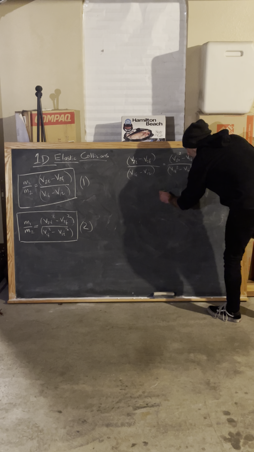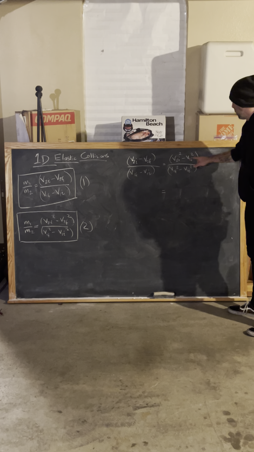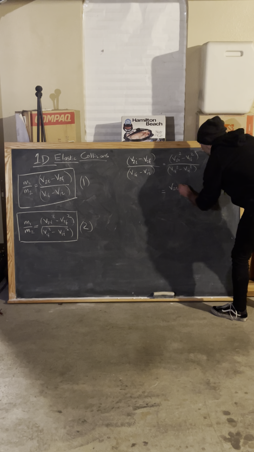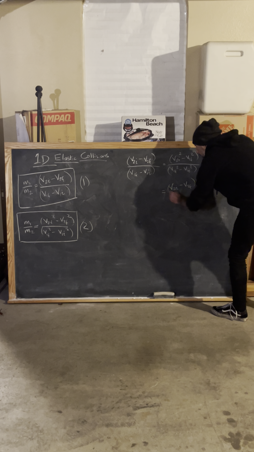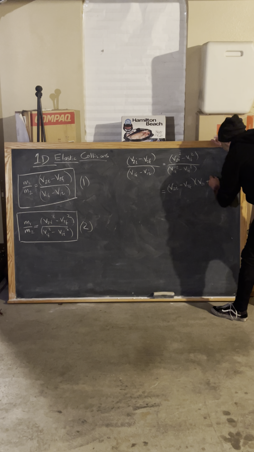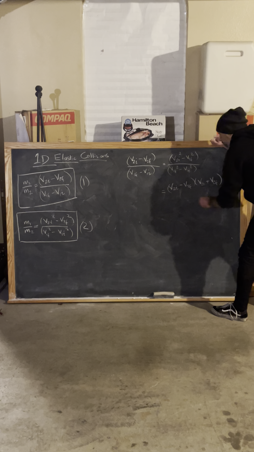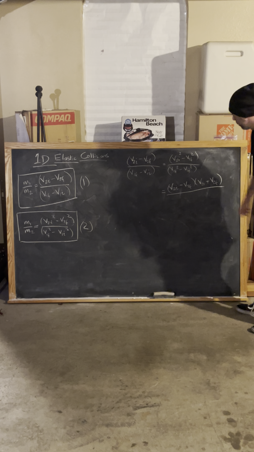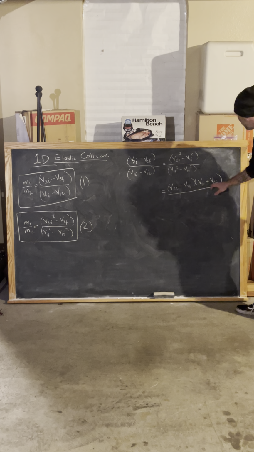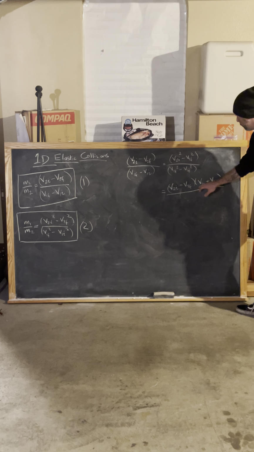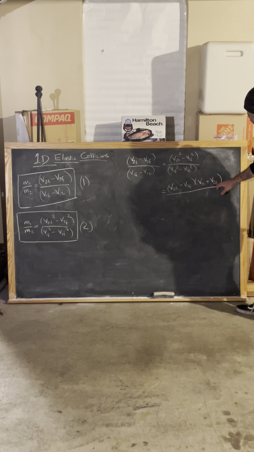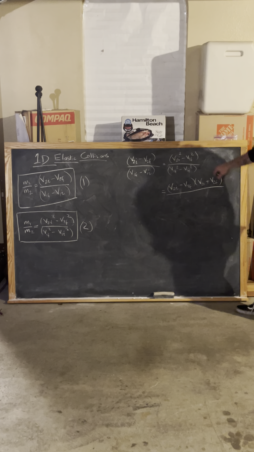Now we can rewrite this. v2I squared minus v2f squared will factor as v2I minus v2f times v2I plus v2f. You can easily check it by using FOIL. v2I times v2I is v2I squared, and then v2I times v2f minus v2f times v2I, which is the cross products there, they cancel out, and then minus v2f times plus v2f gives us a minus v2f squared, which is what we have here.